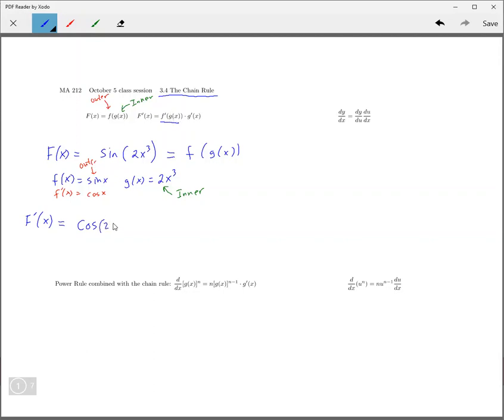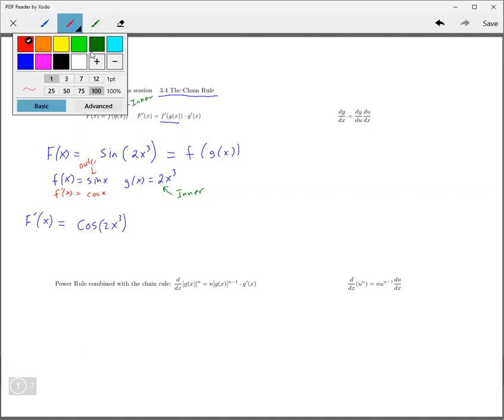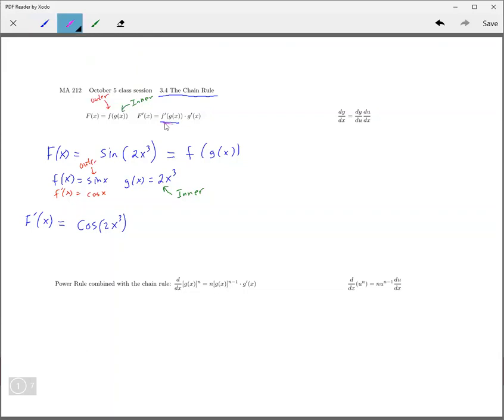So this 2x cubed stays untouched, it remains the same. Then this is multiplied by g prime of x, the derivative of this.